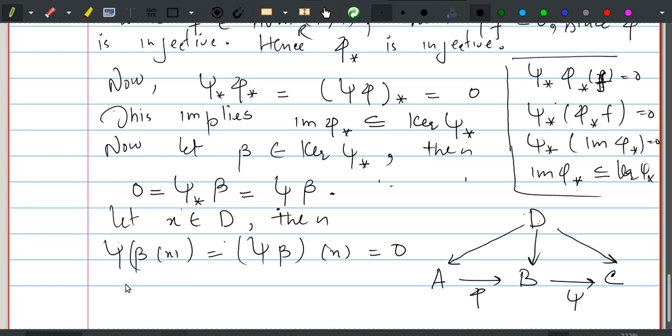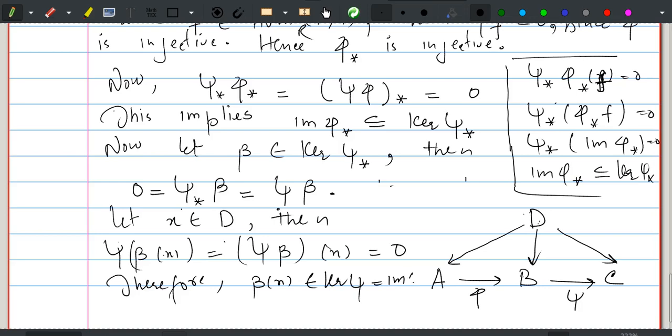Therefore beta of x is in kernel of psi, which is the same as image of phi.